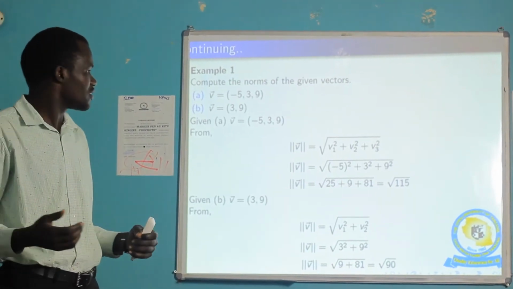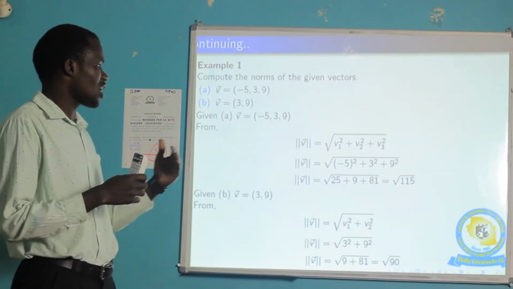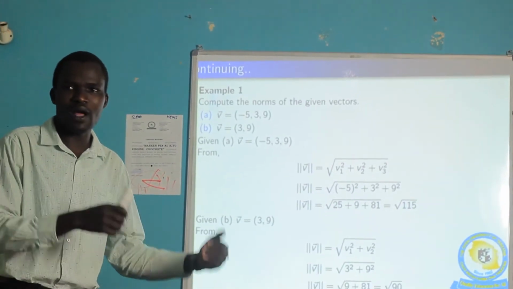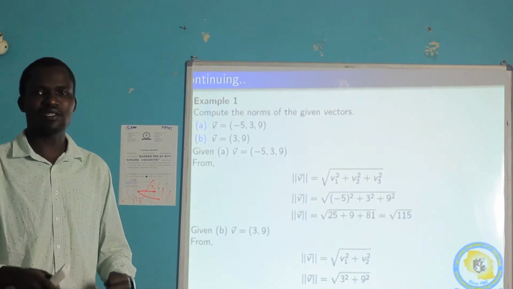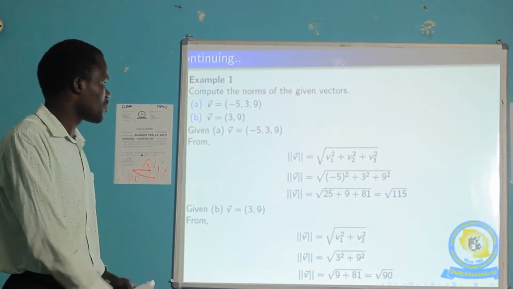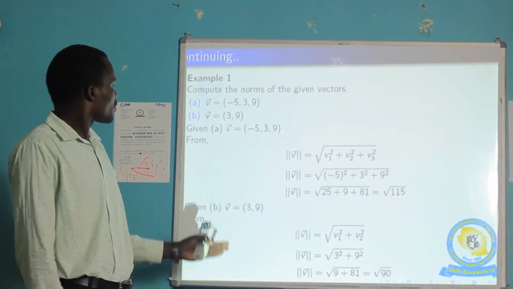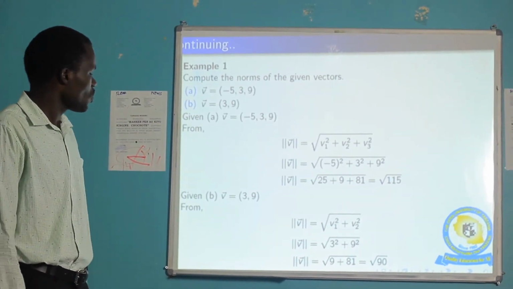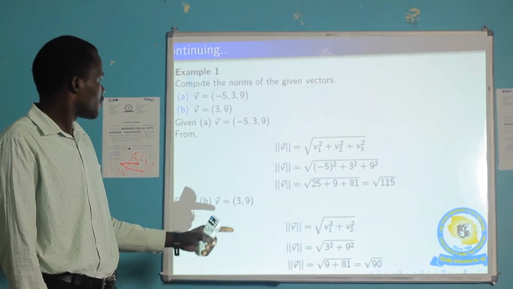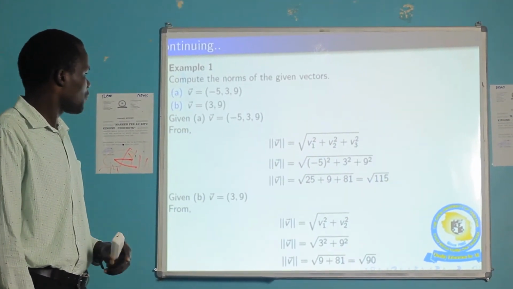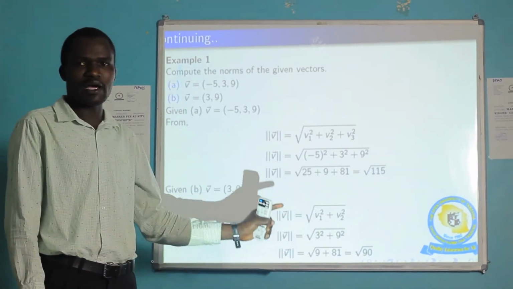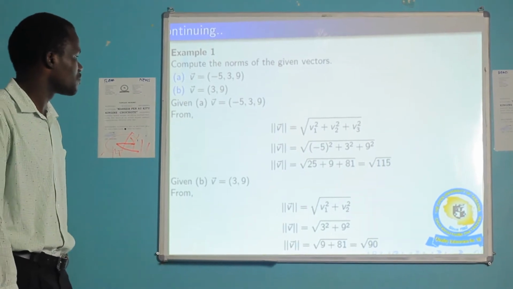So, dear students, we are just going to substitute the entries: the first entry is v1, the second is v2, and the third is v3. For A, we take the square root of (-5) squared plus 3 squared plus 9 squared, as shown here.